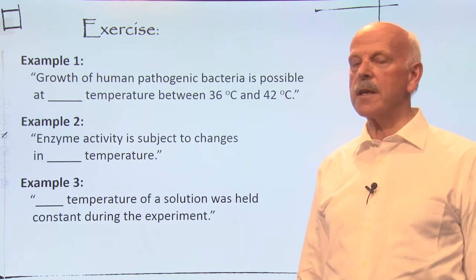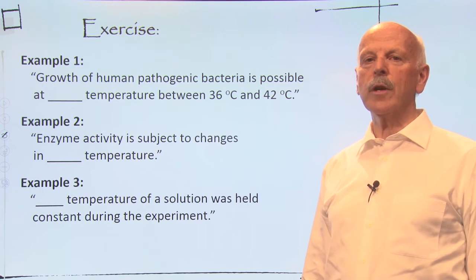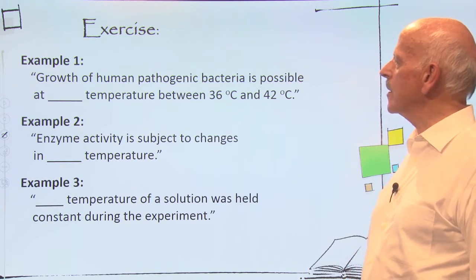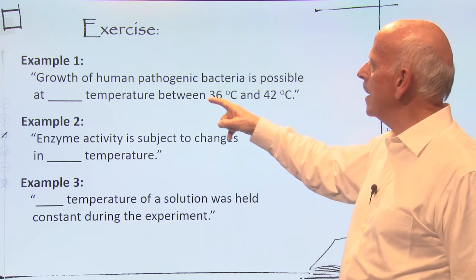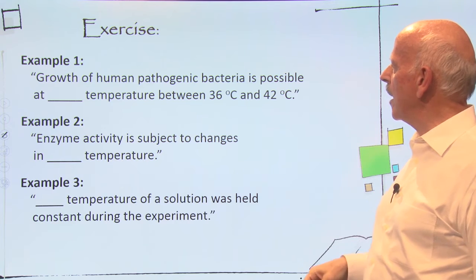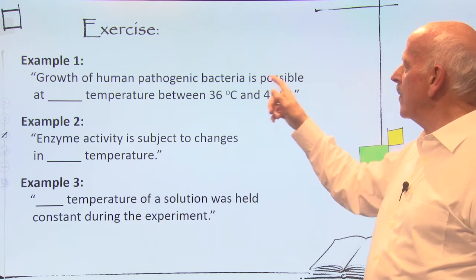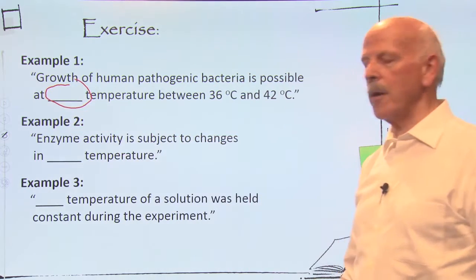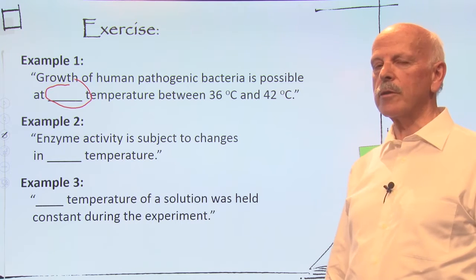So consider this as an exercise in which we have to figure out whether to put a, the, or no article in the sentence. The first example that we're going to look at is about human pathogenic bacteria. And the sentence is, blank growth of human pathogenic bacteria is possible at blank temperature between 36 and 42 degrees Celsius.